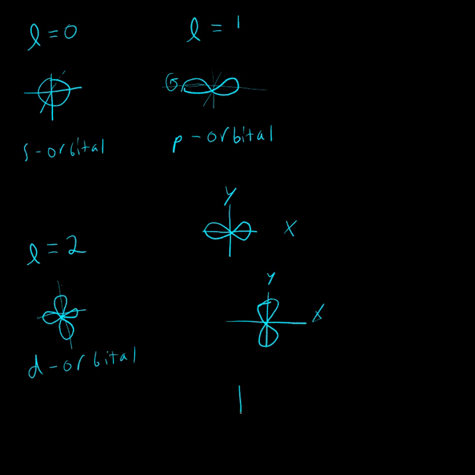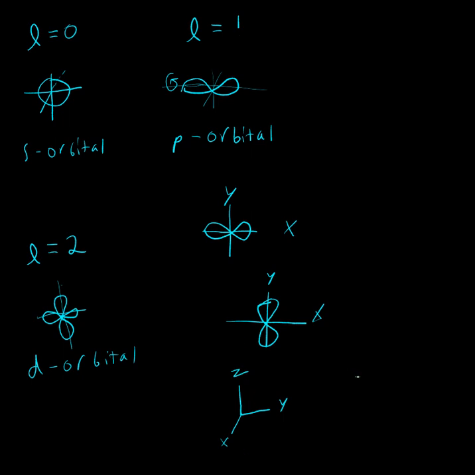Let me make sure I get my axes right. So we would have y here, x, and then just a y. I think this would be my z, or my positive z-axis.